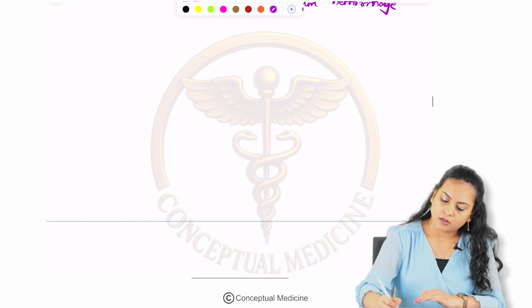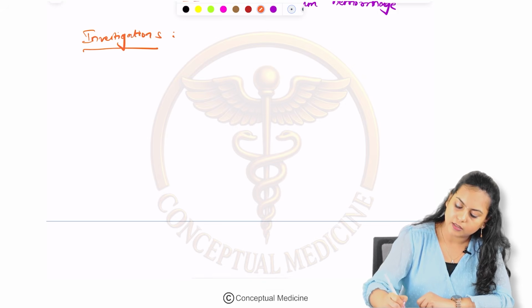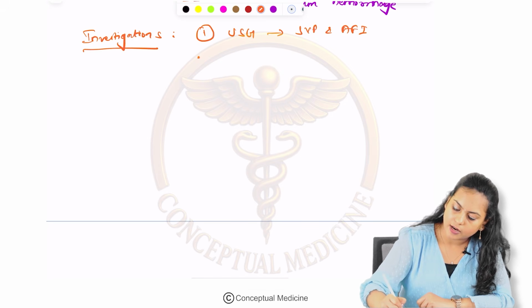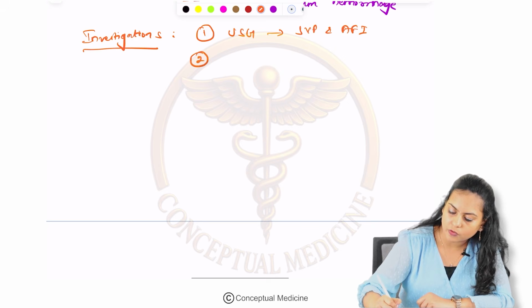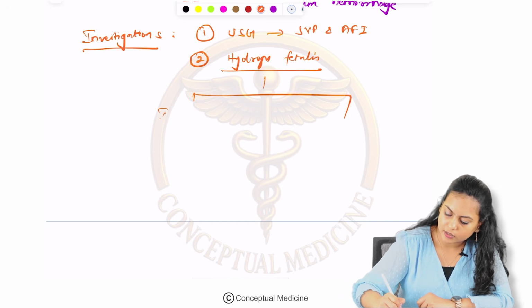So what are the investigations we will do? As we have already seen, the easiest mode of investigation is ultrasonogram, where you will be measuring SVP and amniotic fluid index. And the second important investigation you have to do in case if you have a hydrops fetalis is, you have to rule out whether it is due to immune cause or non-immune cause. Okay.